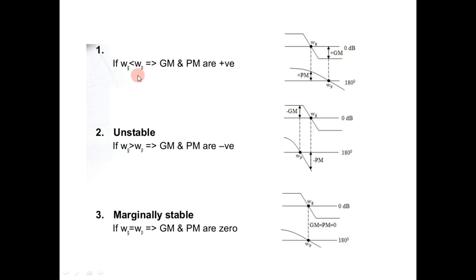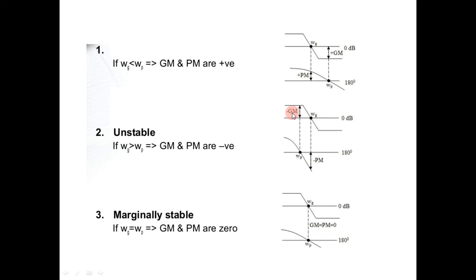So let us check the cases here. In this case, omega g is less than omega p. So in this case, you will get gain margin and phase margin both positive. If you observe this case, this one is omega p and this one is omega g. Omega p is less than omega g, that is, omega g is greater than omega p.